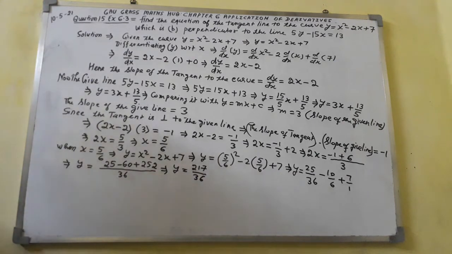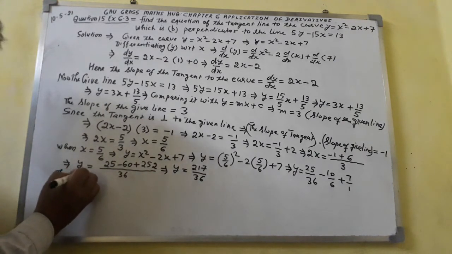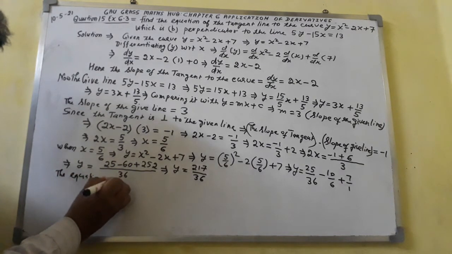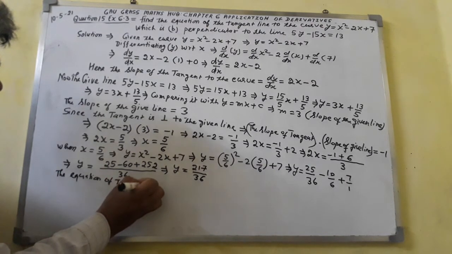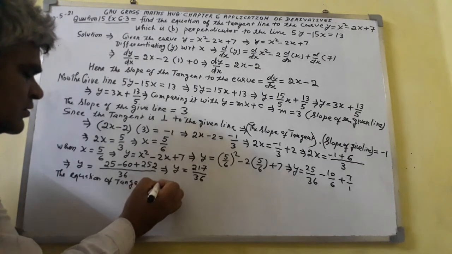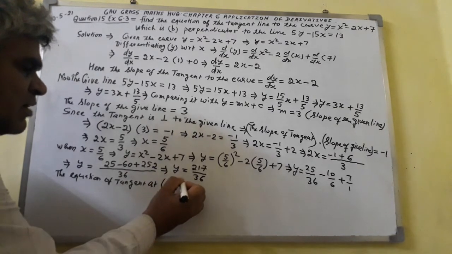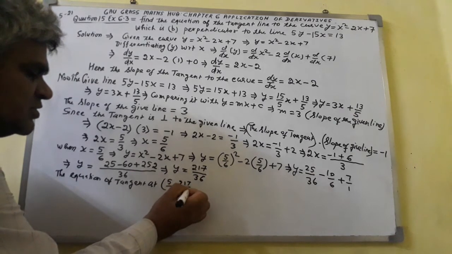So here I shall write the equation of tangent at point 5 over 6 comma 217 over 36.